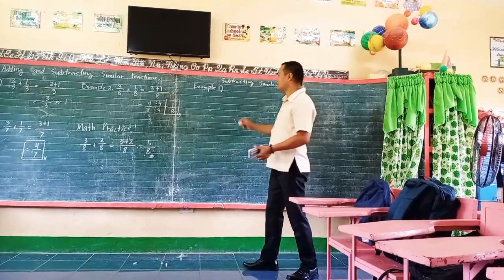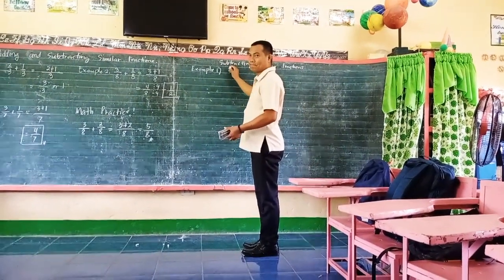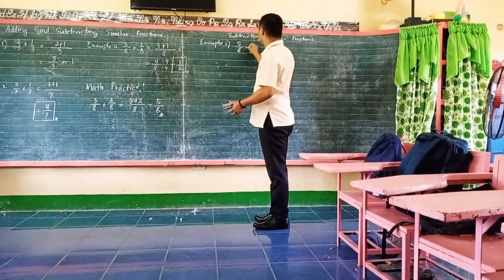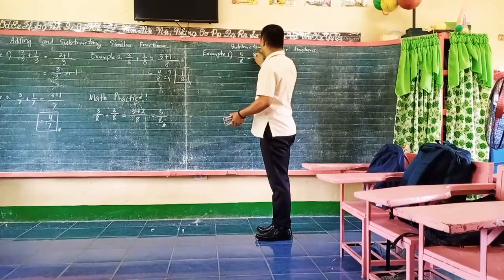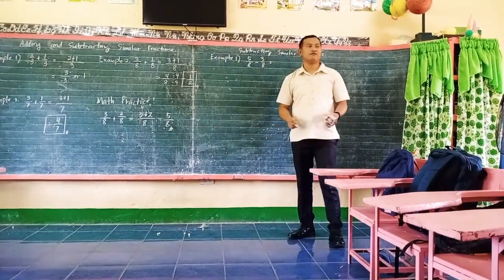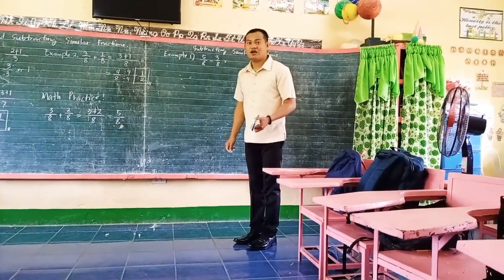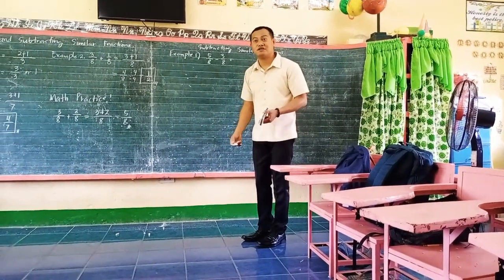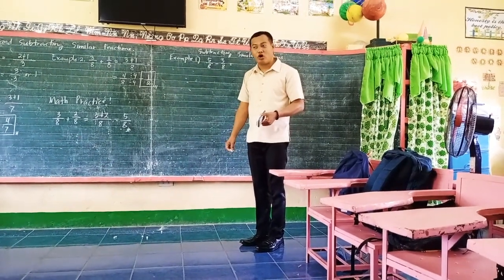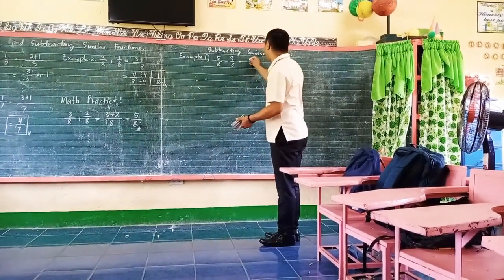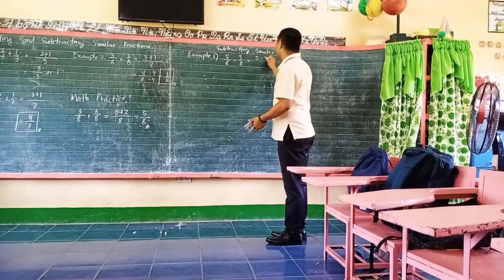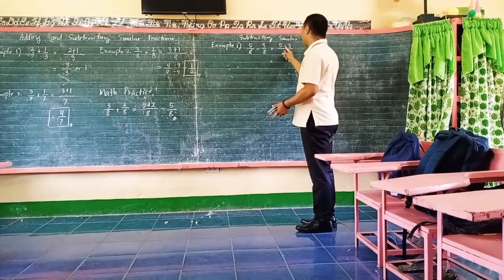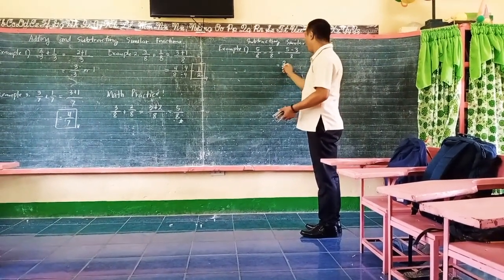Alright, so we want to get the difference of 5 over 8 and 3 over 8. As I have said earlier, we just simply subtract the numerators together and then copy the common denominator. So we have 5 minus 3 over 8. So that 5 minus 3 is equal to 2 over 8.